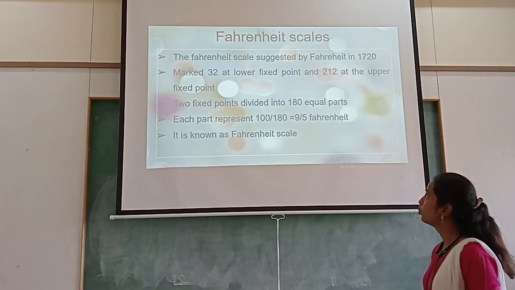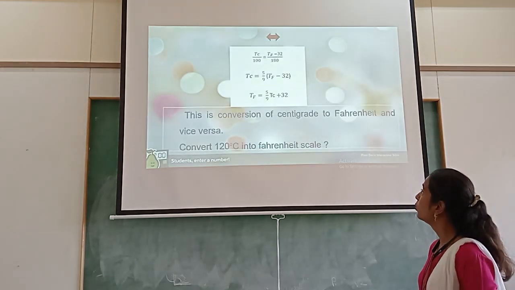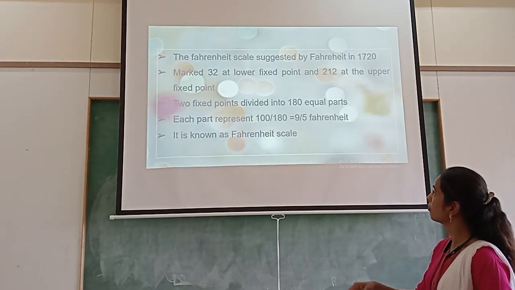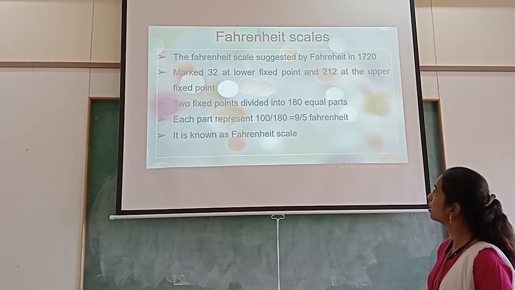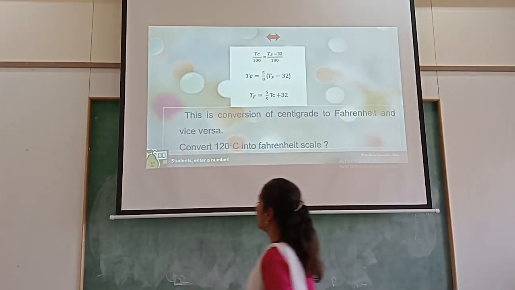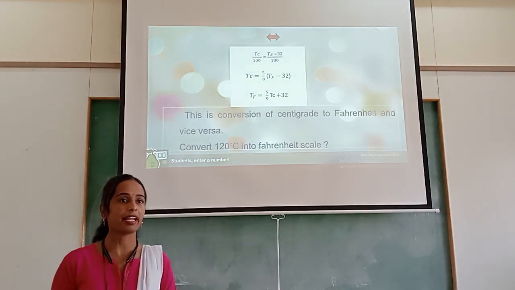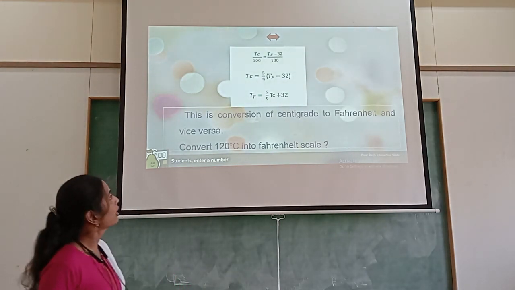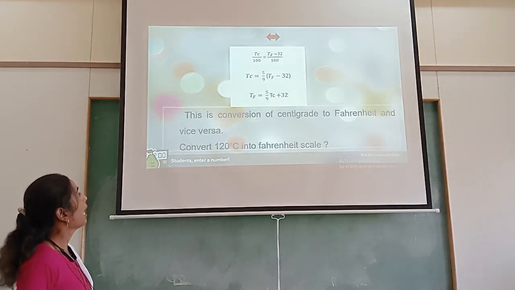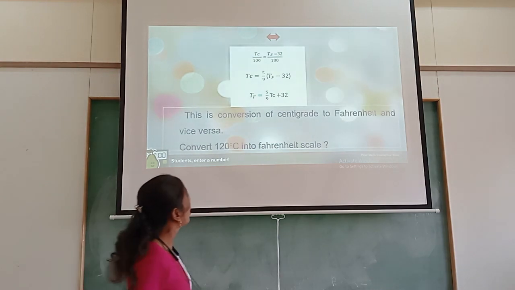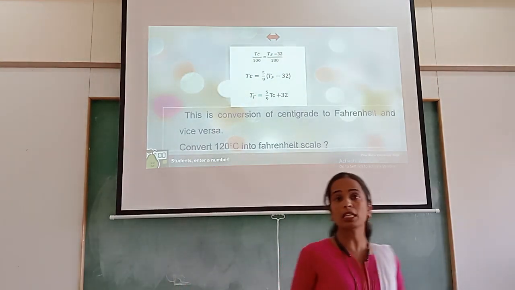Next, what is the relation between the centigrade scale and the Fahrenheit scale? The relation is Tc = 5/9 (Tf - 32), or Tf = 9/5 Tc + 32.